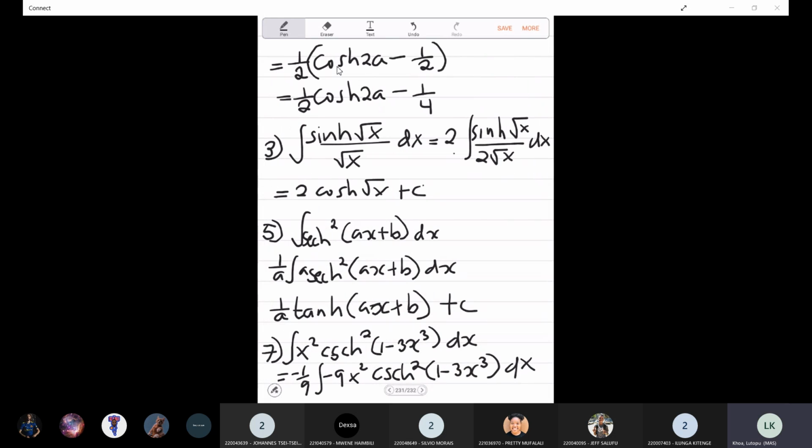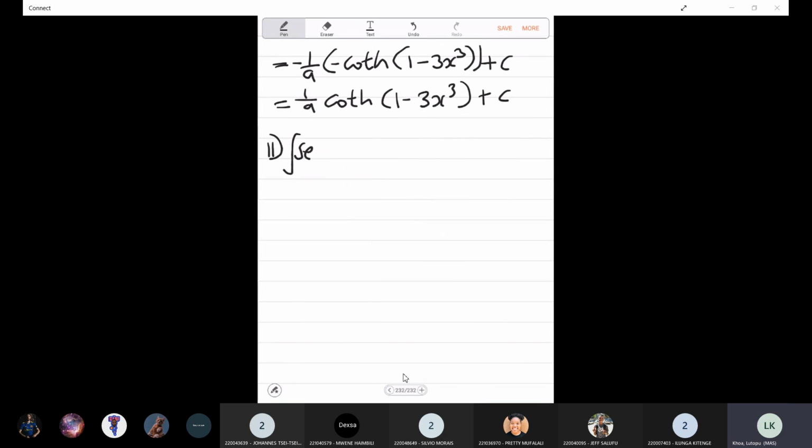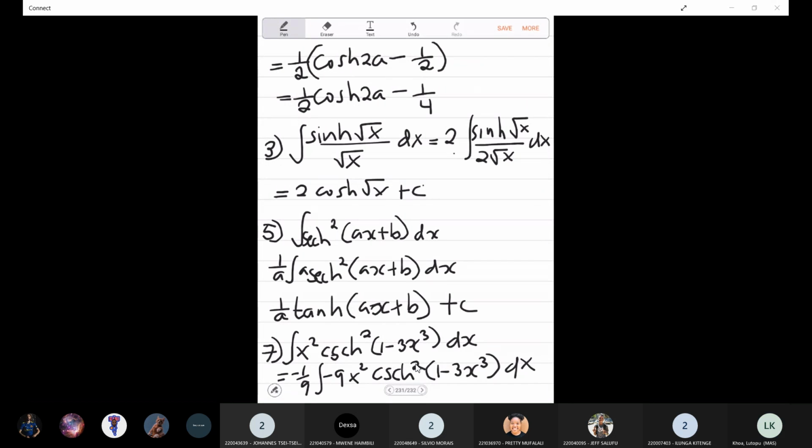Where is it negative? We're integrating a positive cosec. But it's multiplying with negative 9. No, this negative is the derivative of that one. So there must be another negative here because this negative comes from that negative. And here there isn't actually a negative because I have negative times negative, which is positive. So there is no negative.